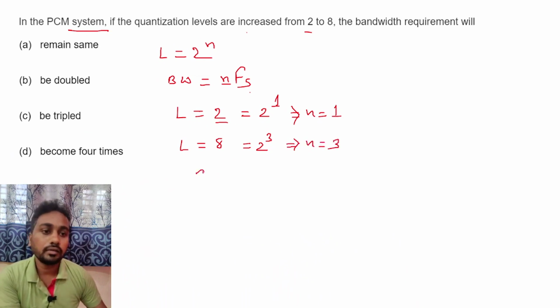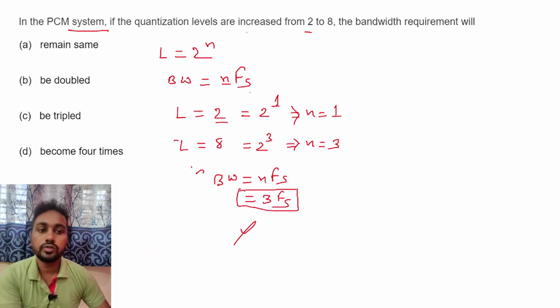Now bandwidth equals nfs, so bandwidth is 3fs. So it is going to increase 3 times if the level increases from 2 to 8. If the quantization levels are increased from 2 to 8, the bandwidth will be tripled. Option C is the right answer.